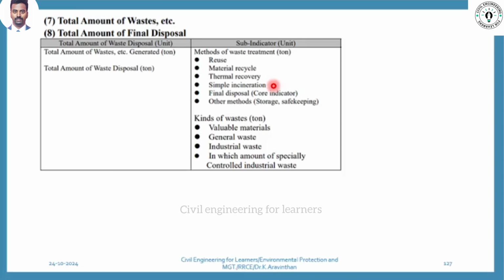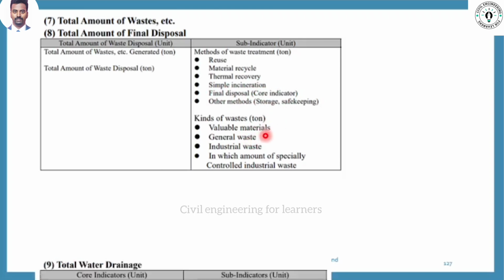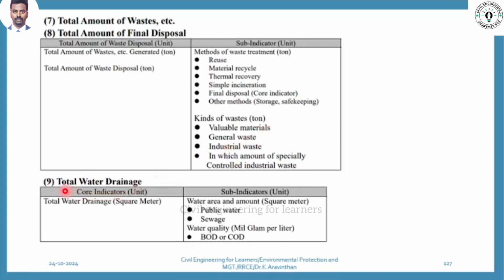Those cottons they will put in disposal. They will not throw them in public. All the cotton waste from a hospital, they burn there. They have an incinerator. No medical waste will go outside. That is called an incinerator. Final disposal and other. If it is a valuable material, they will reuse that, etc. Total water drainage.